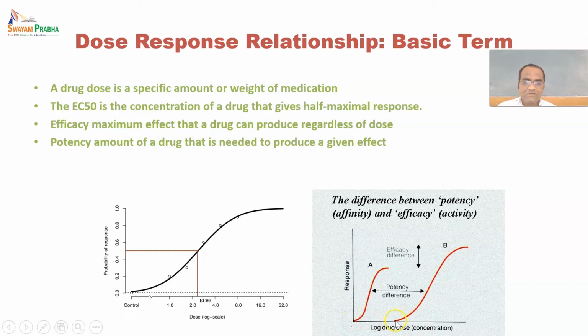From this difference it can be understood that from zero concentration or a little above zero, B shows minimum affinity towards the receptor.